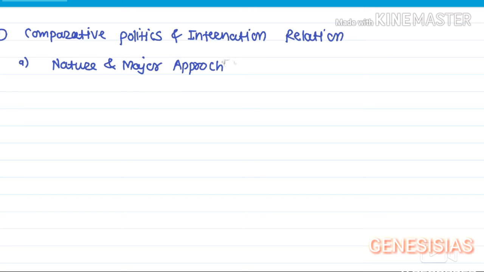Then political economy and political sociology perspective. Then limitations of comparative method. Then in section B, next point is state in comparative perspective.